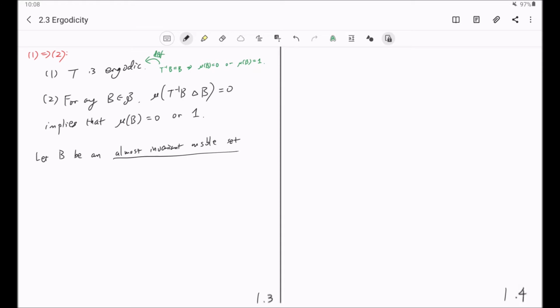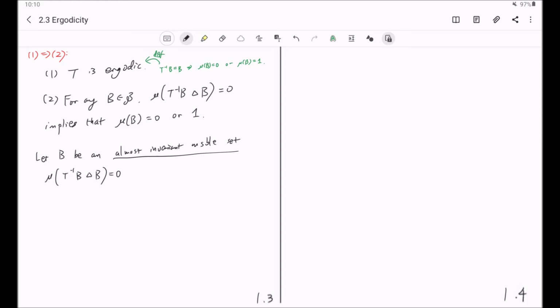And this precisely means that the measure of this symmetric difference is 0. And our goal is to construct an invariant set utilizing B.